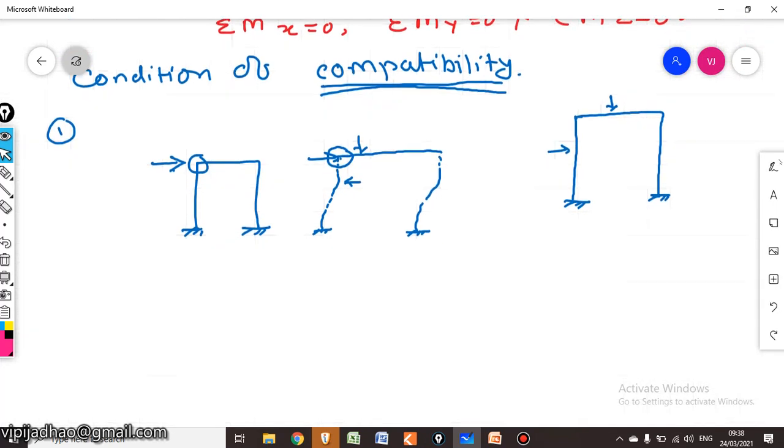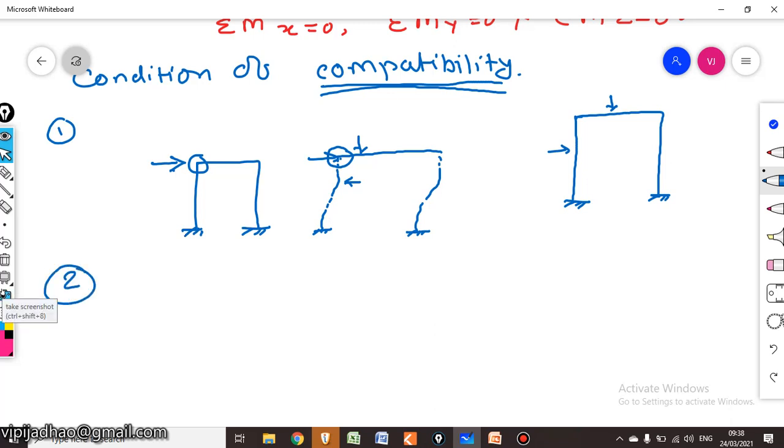This is the first condition of compatibility, and the second condition of compatibility is that at any rigid joint, the angle between two members meeting at the same joint will remain the same even after deformation takes place. Let us consider the same frame, subjected to some vertically downward load.